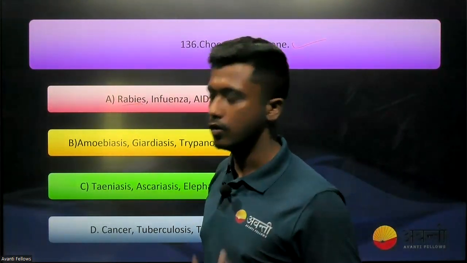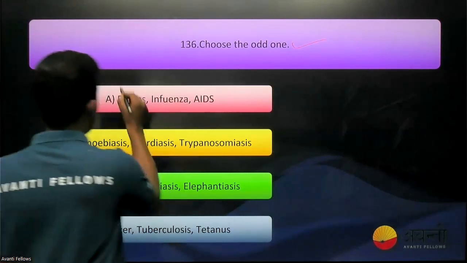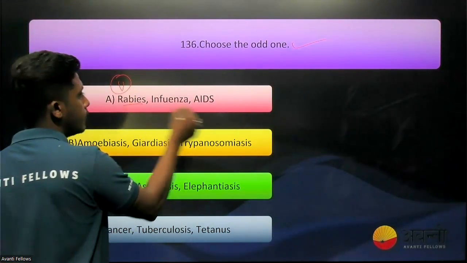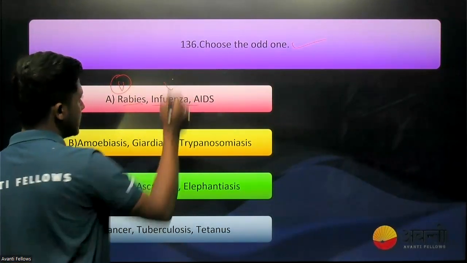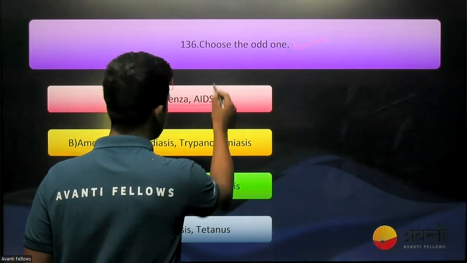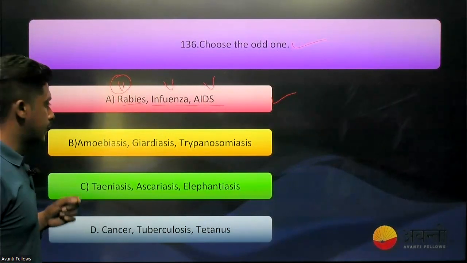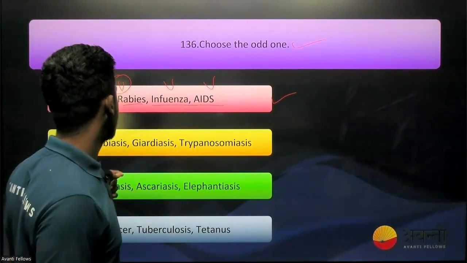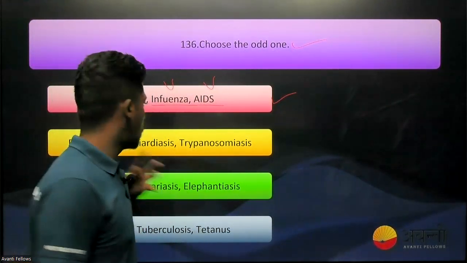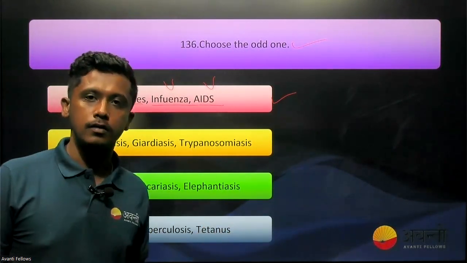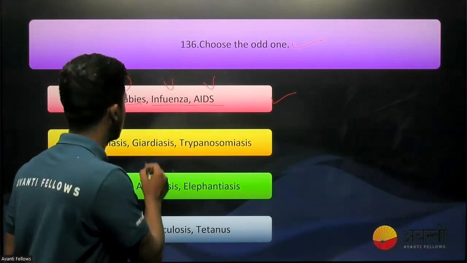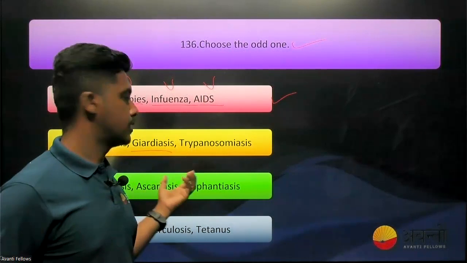Rabies is caused by a virus. Influenza is also a viral disease, and AIDS is also a viral disease. So all are correct here. Amoebiosis is caused by Entamoeba histolytica, and giardiasis is not actually caused by a protozoan. It is caused by a nematode or a parasite.